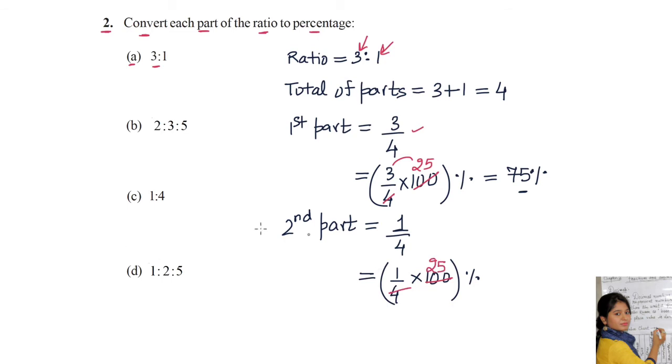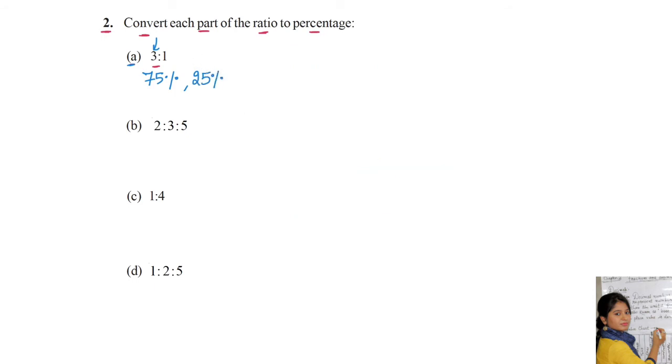So 25% is the percent of the second part, and directly you can find it by subtracting 75%, the first part, from 100. I hope I'm clear at my point. So for the first part the percentage is 75% and for the second part it is 25%. Clear? So in this way we will solve the question.